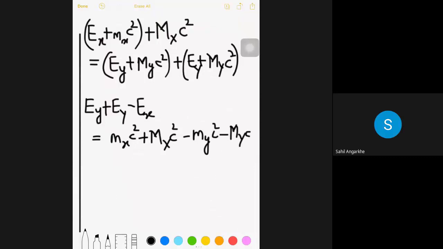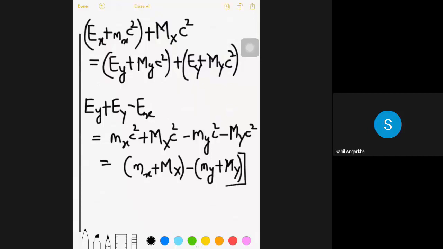Now this can easily be written as (m small x plus m capital X minus m small y minus m capital Y) into the whole thing times c square, and so this is the expression for your Q. Is this clear?